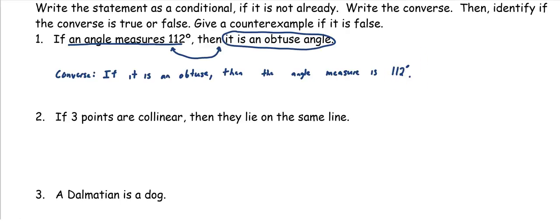This statement, of course, is false because remember that an obtuse angle can be anything between 90 and 180. So we're going to say false and then give some other kind of angle measurement. So let's say 97 degrees, or we could say 171 degrees.